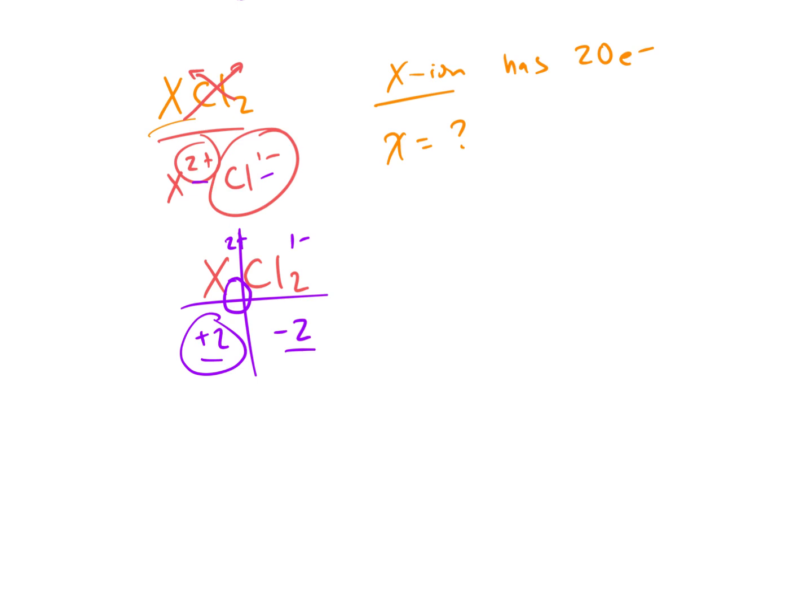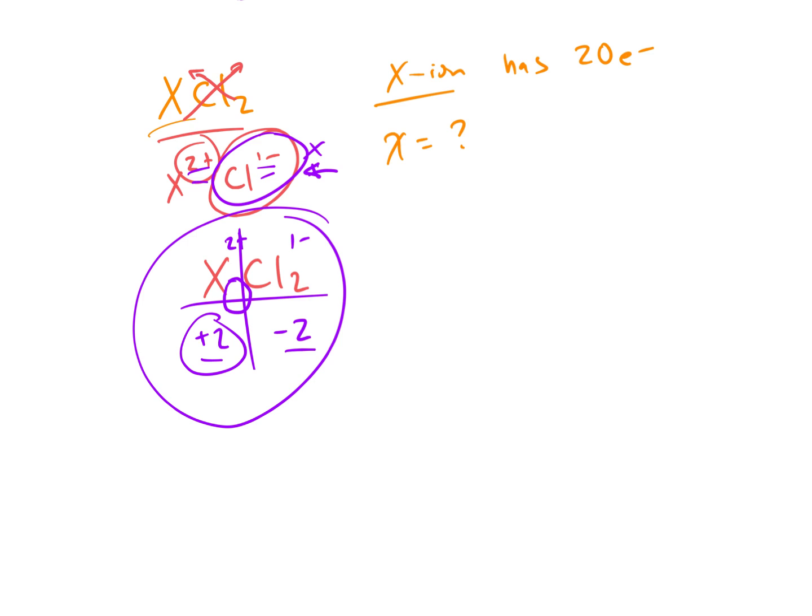Find a way that you like. Just make sure if you do it the crossing way, you double check to make sure it is correct. If it's not correct, you multiply it by whatever number makes it correct, but you have to multiply both the cation and the anion. You with me? Do it this way, you don't have to worry about checking. That's why I like it.